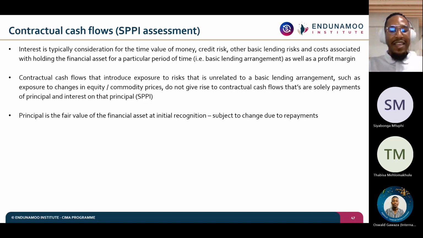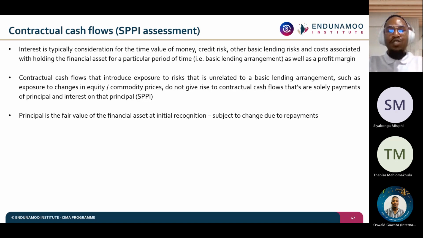In that instance, the interest rate that is attached to this loan is not purely attached to my credit risk, the credit risk attached to my credit profile. No, the interest rate is now linked to another performance measure.